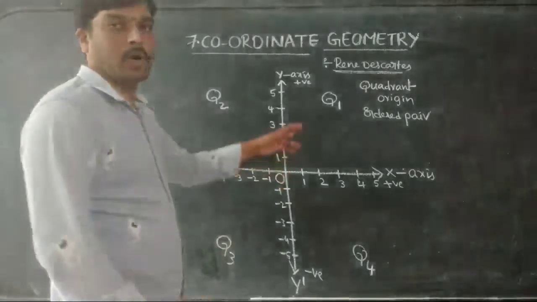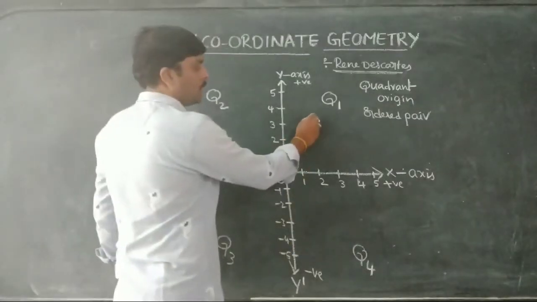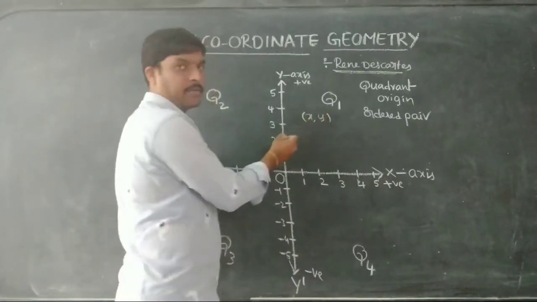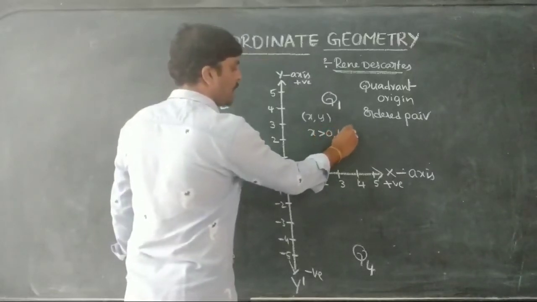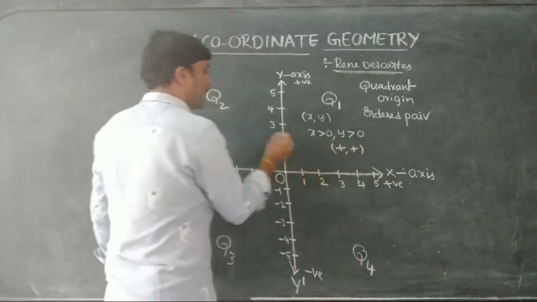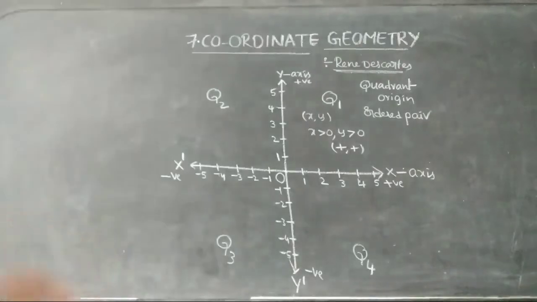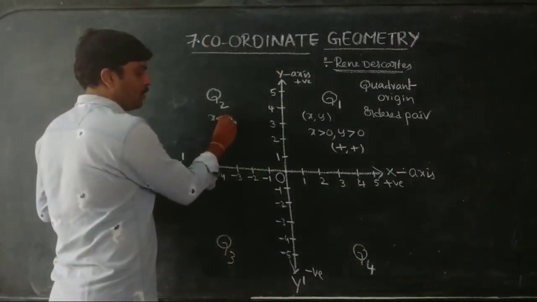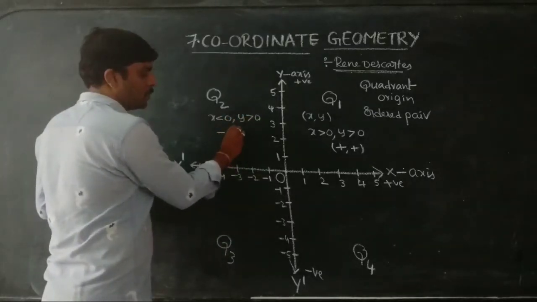Now the first quadrant. In the first quadrant, the point is (x, y). Suppose (x, y) is a point in the first quadrant, then x is greater than 0 and y is also greater than 0, meaning plus. In the second quadrant, x is less than 0 and y is greater than 0, meaning x is negative and y is positive.